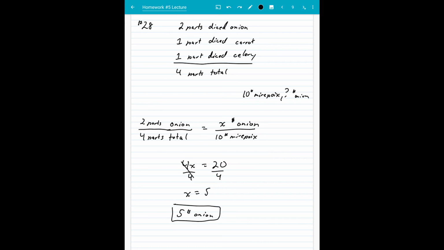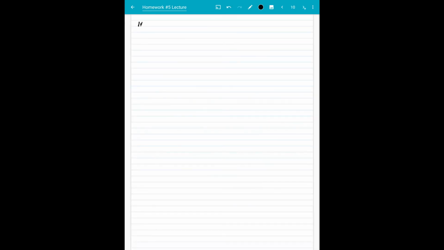Okay, so lastly, I want to go over one other one where you have to find out all the different ingredients according to all the different parts. This is number 31.